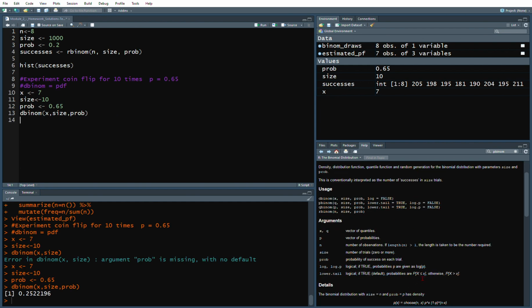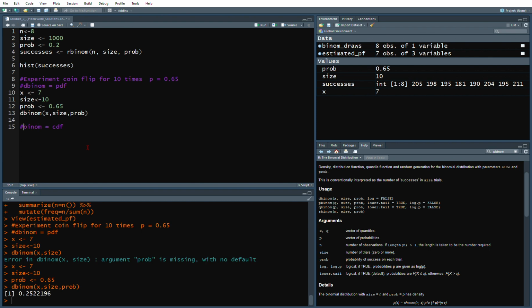So the probability where small x is 7, and the number of heads X is less than or equal to 7. For this one, we need to use the CDF function, the cumulative distribution function, and that is pbinom.